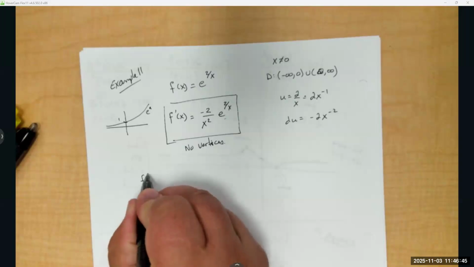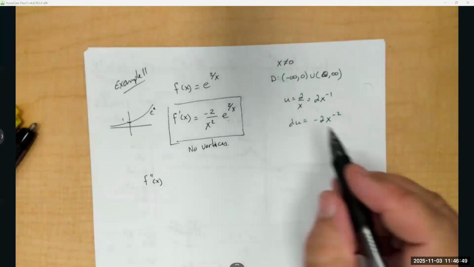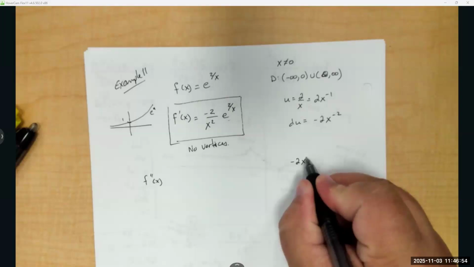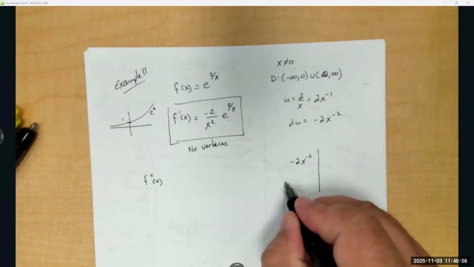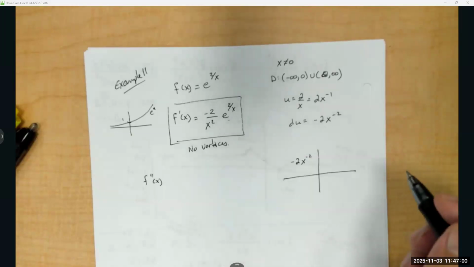Next, we look at the second derivative. So we have a product rule. So we have negative 2 x to the power negative 2. Actually, we have a quotient rule, to be honest with you.